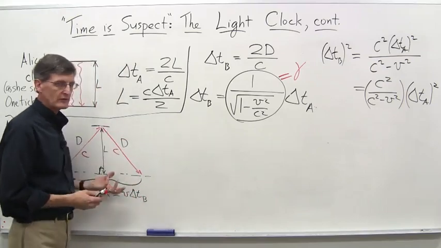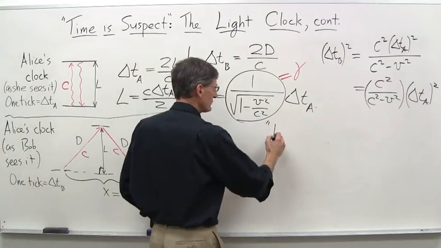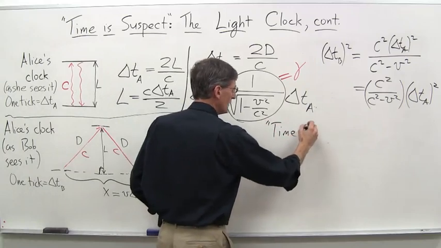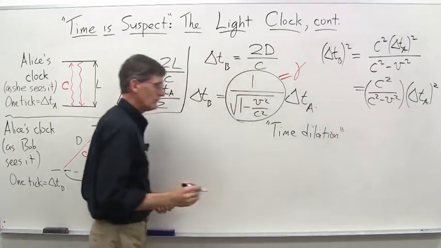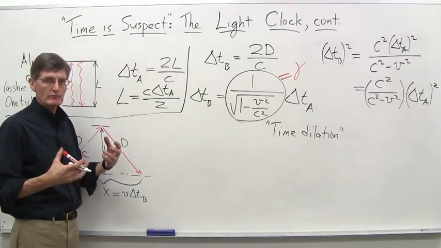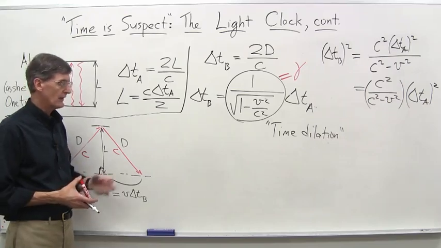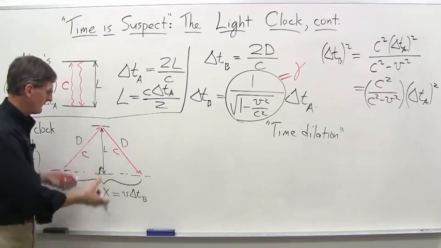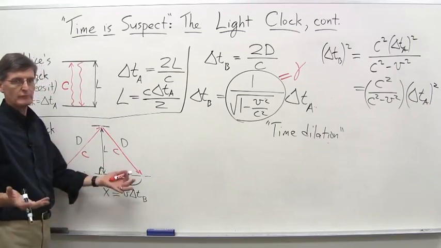But remember the basic idea here: we call this time dilation. Another way to say that is moving clocks run slow. They tick more slowly than if they're not moving. So if Alice and Bob are right next to each other with identical clocks, they both look at them and say, just fine.